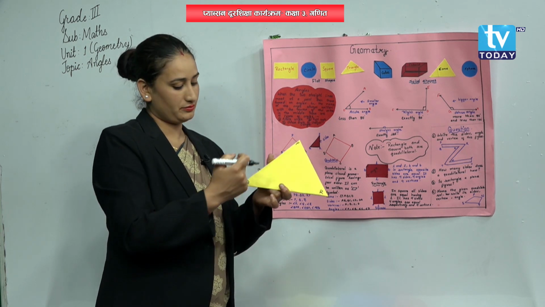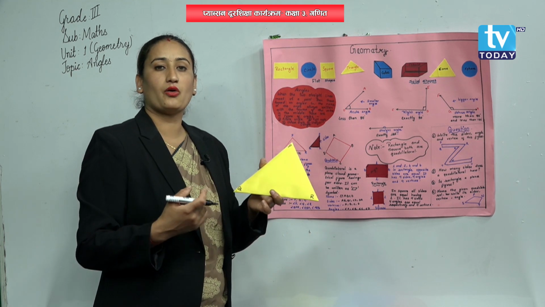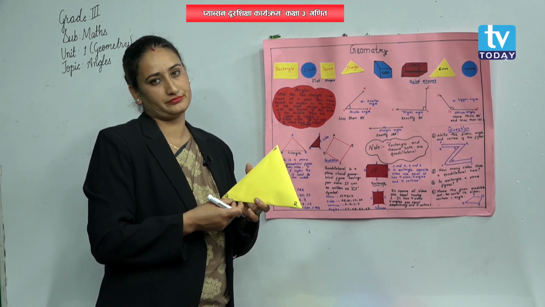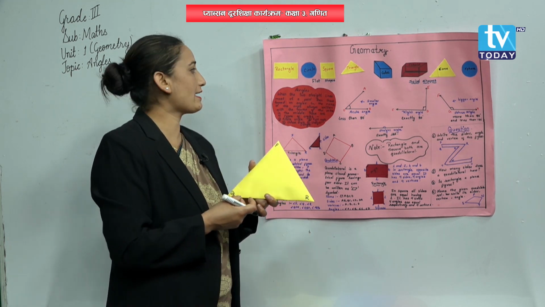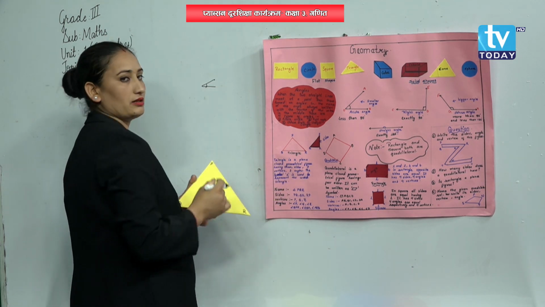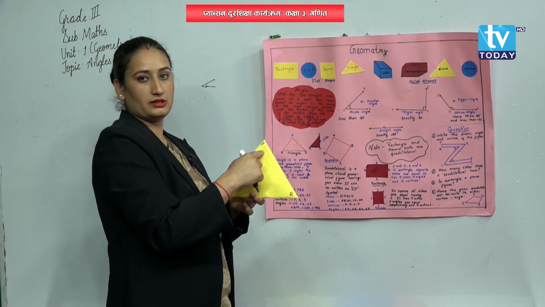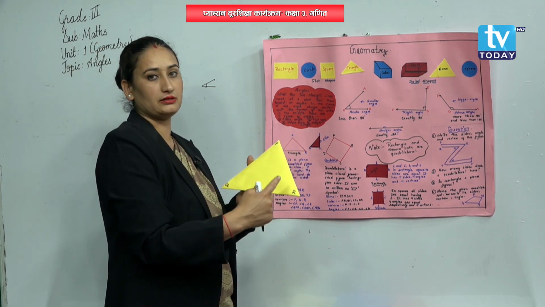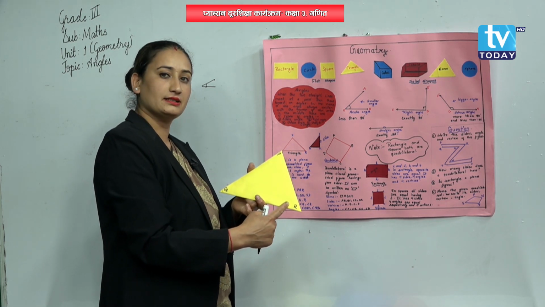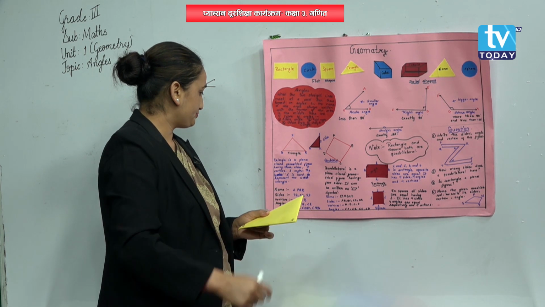One is P, next is Q, and another is R. Now, how to give the angle's name? By writing a symbol. See here, this is the symbol of writing an angle. So, angle P, angle Q, and angle R. Got it? Very good.